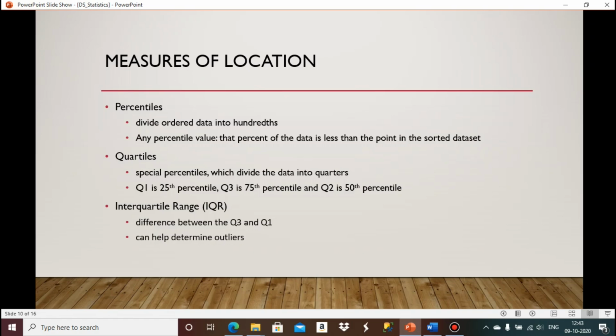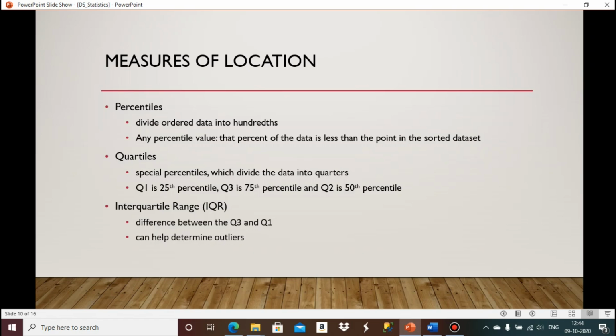So that is the calculation of quartile, and there is the interquartile range, which is the difference between Q3 and Q1. That is the IQR, and it helps in determining outliers. So what are outliers?